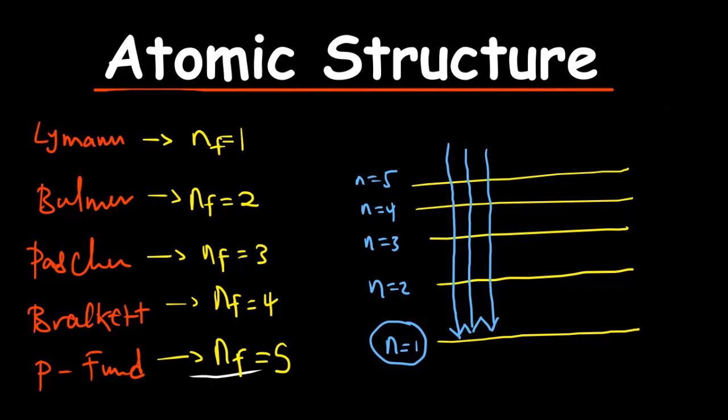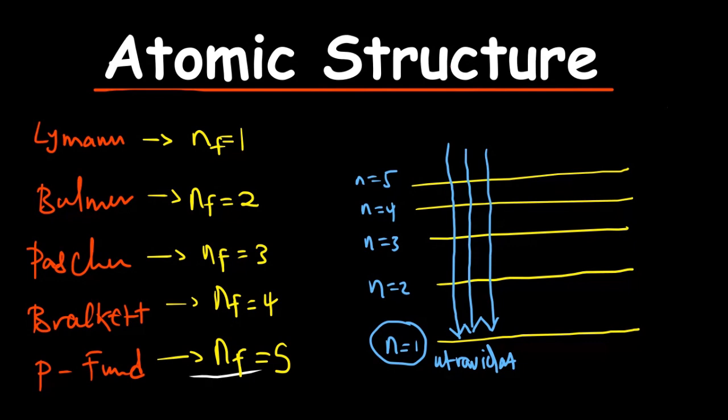It can come from whatever energy level, but the final one should be 1. These Lyman series exhibit ultraviolet radiation.